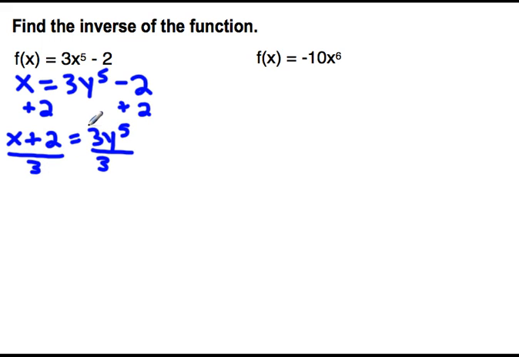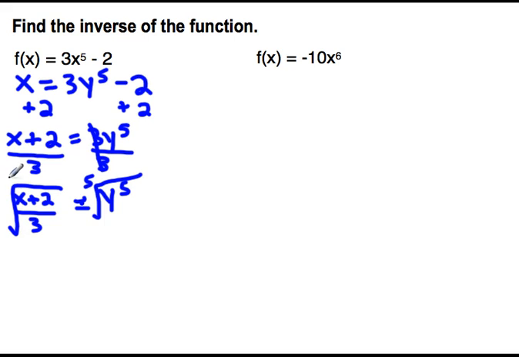And because we've got this y to the 5th, we're going to write this as x plus 2 over 3 instead of dividing everything by 3, just to make this a little bit more simple. So now I have x plus 2 over 3. Now to get y by itself, we have to take the 5th root of both sides.